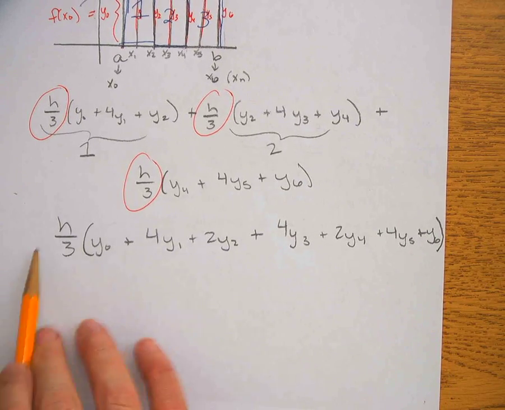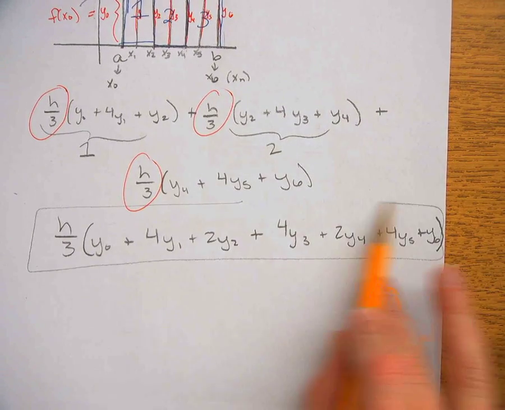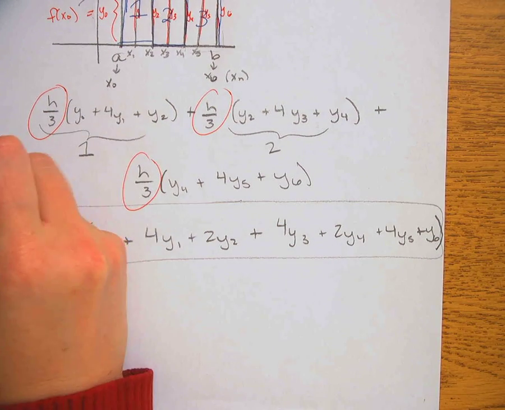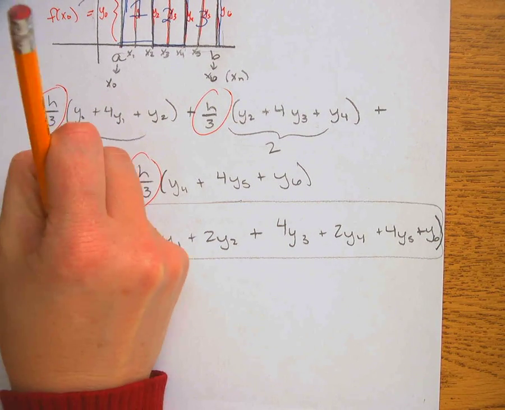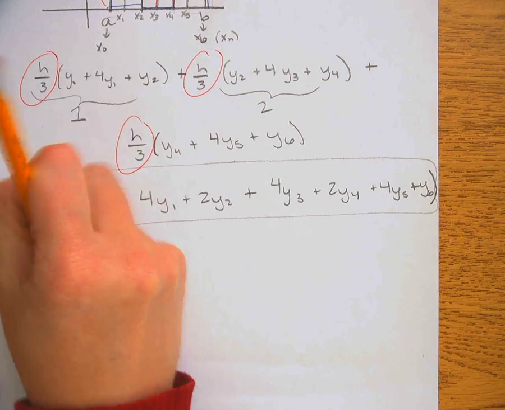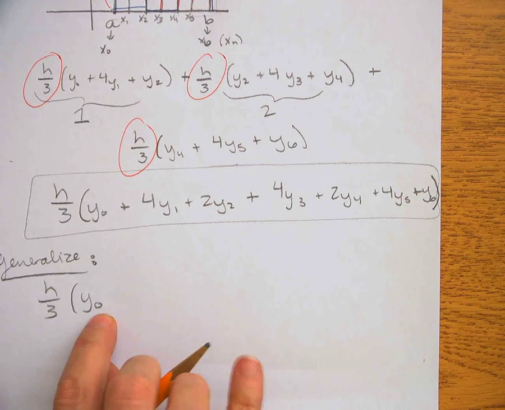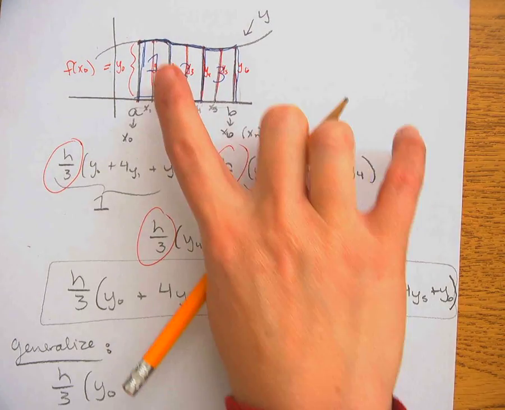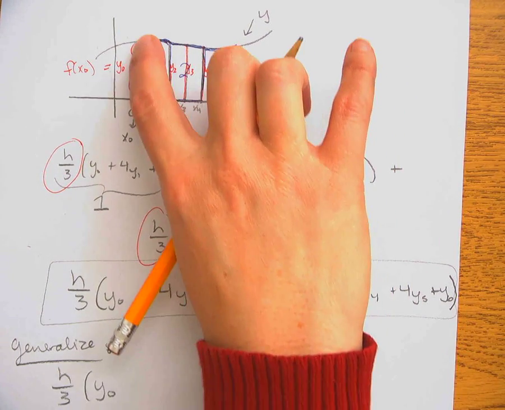So this is a formula where there's 6 x values. If I wanted to generalize that to allow for however many y values, it basically would generalize like this. The first one only has 1 of the y values because I'm only going to use that first height 1 time.